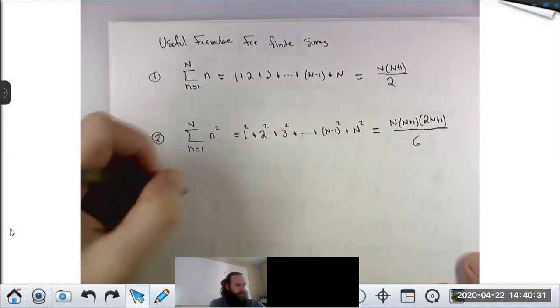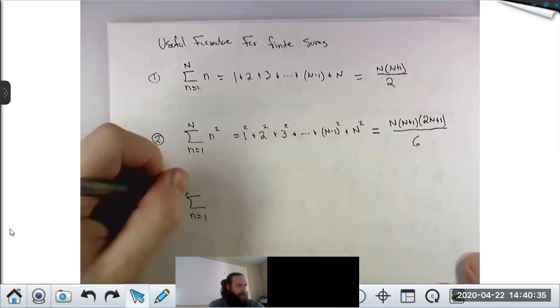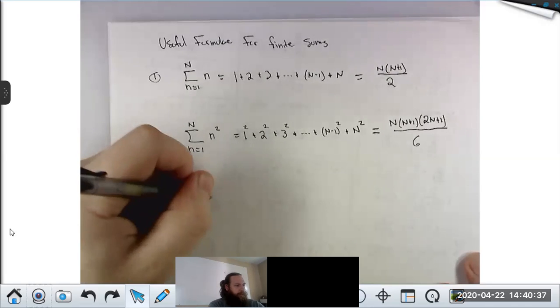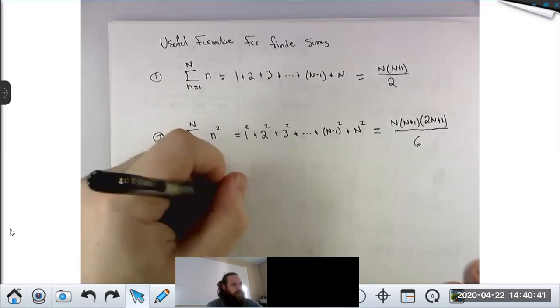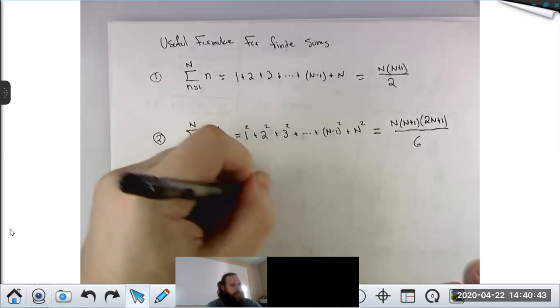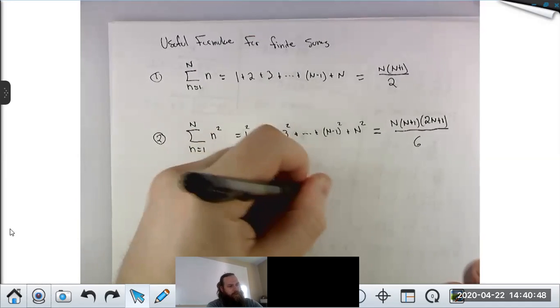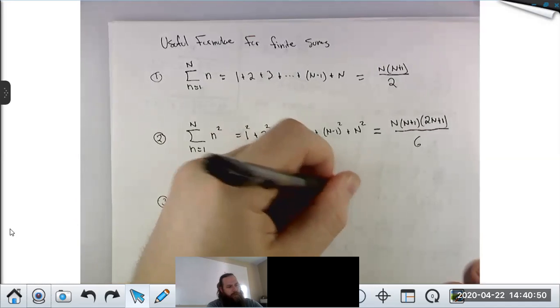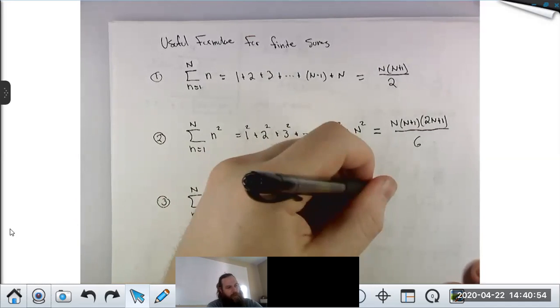The last formula that you will be using somewhat frequently at that middle part of Calc 1 is the sum of the first n cubes. And this is also a cool result, right? Of course, this is 1 cubed plus 2 cubed plus 3 cubed, and so on. Second to last term is n minus 1 cubed, and the last term is n cubed.